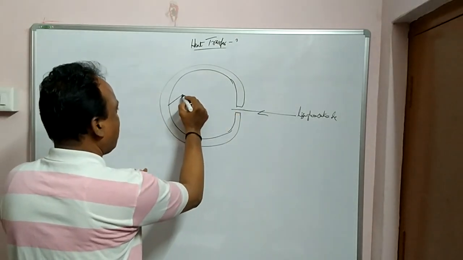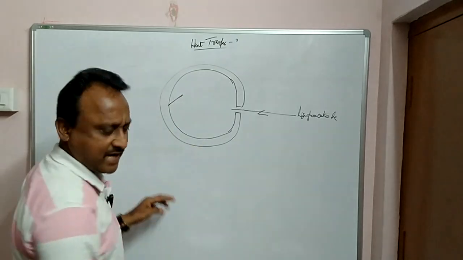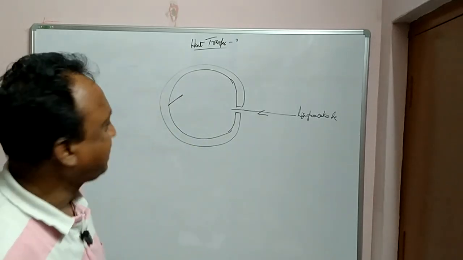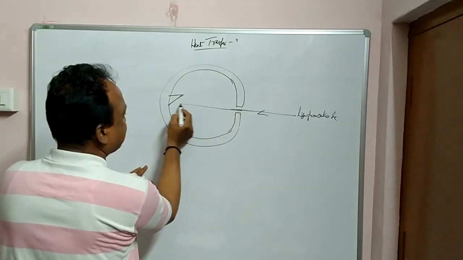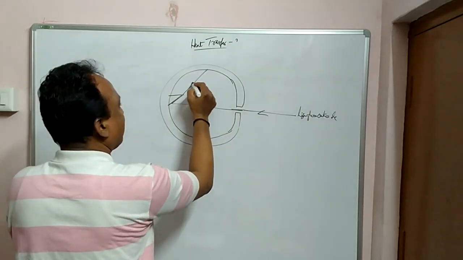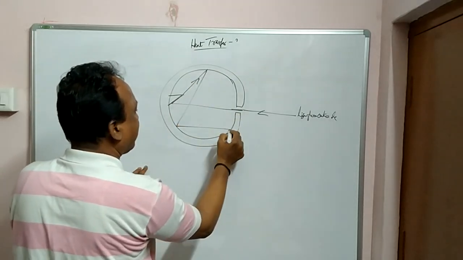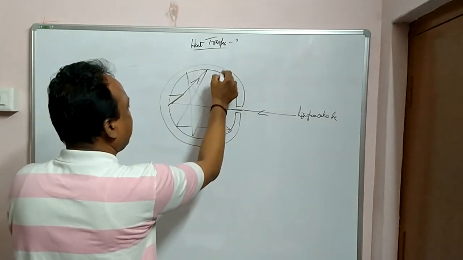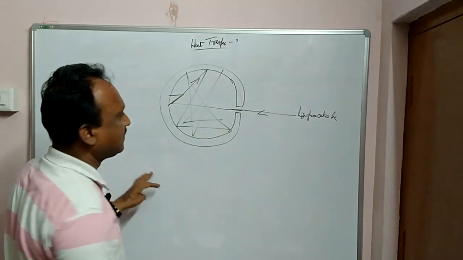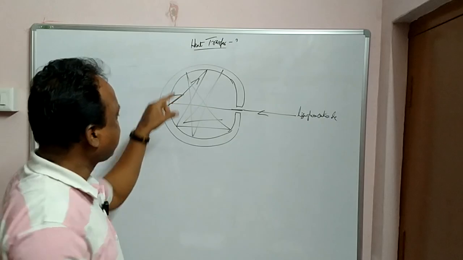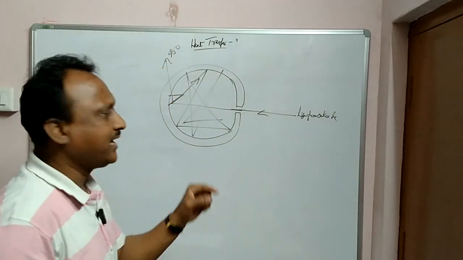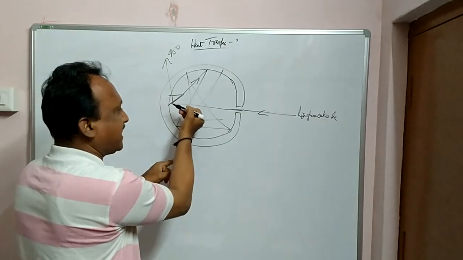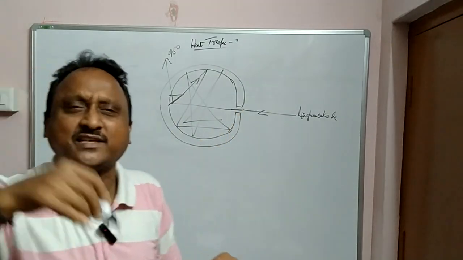A small metal piece is kept at a 45 degree angle. Why like that? Whatever light comes and hits will reflect and take a number of reflections. Because the piece is kept at 45 degrees, when the light enters it has to make many reflections.